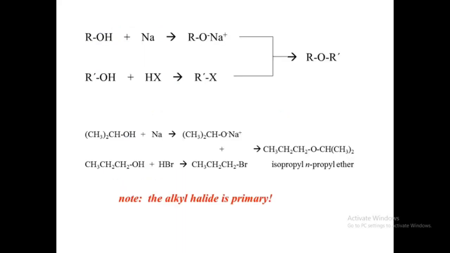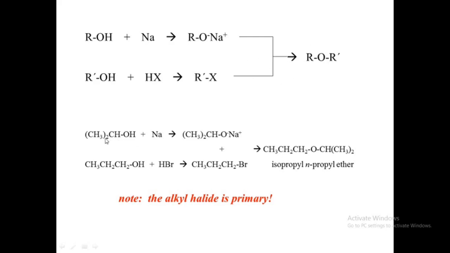Let us consider how the reaction happened. At first, when we used the alcohol with sodium metal, then sodium alkoxide is formed, and then when another alcohol is treated with hydrogen halide, then alkyl halide is formed, and they both combine to give the ether.